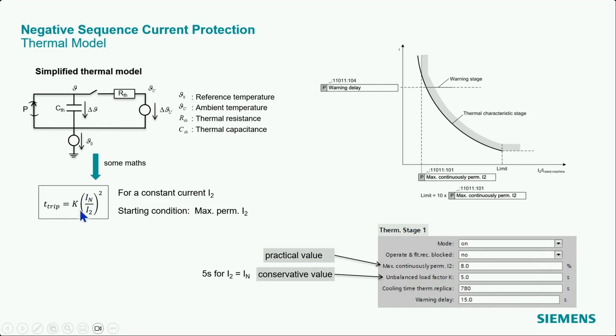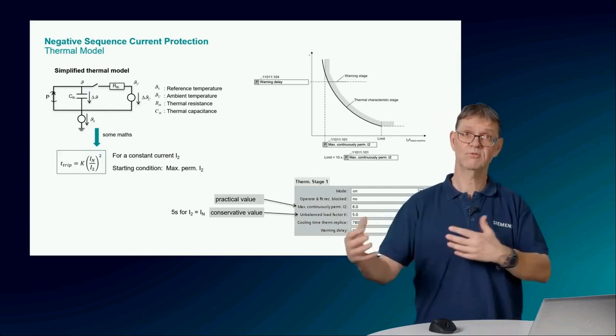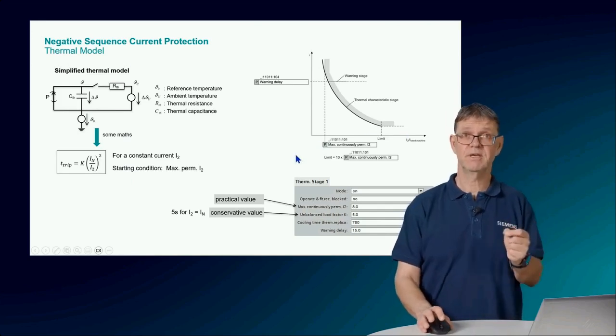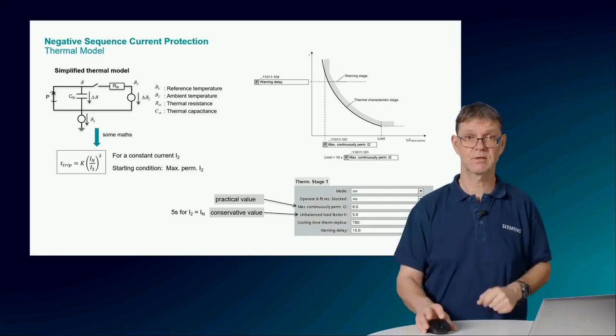Basically, if you have a diagram of the negative sequence current amount versus the maximum time, so a time curve similar to maybe such a thing here, then you can pick the value where you have the negative sequence current which is the nominal current. Why?